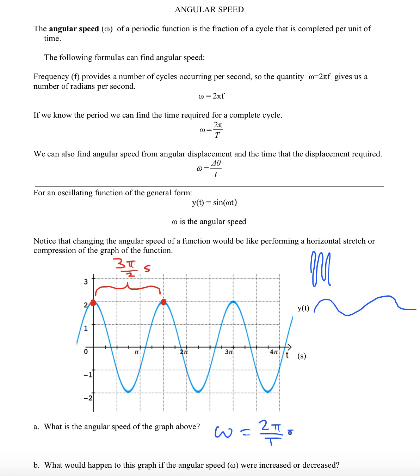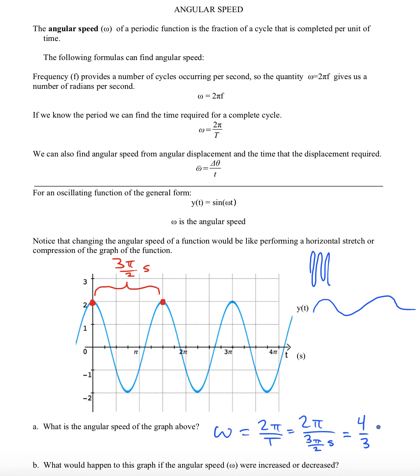So we'll do 2 pi over 3 pi over 2 seconds. That's going to give us 4 over 3, and then our units of angular speed will actually be radians per second.